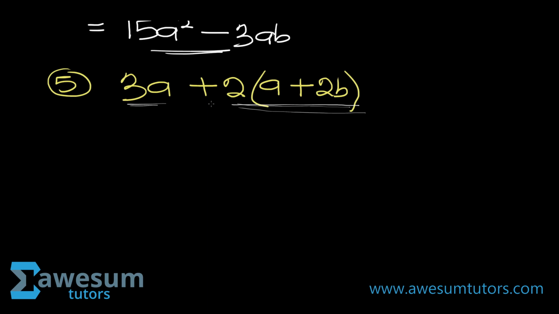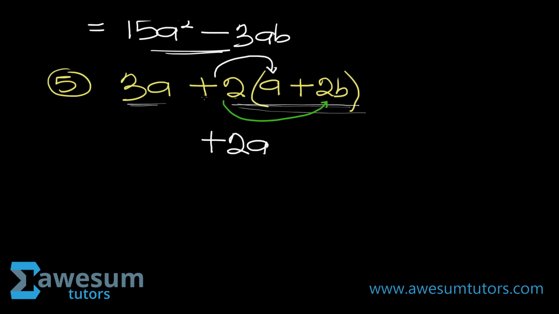How do we do that? This is plus positive 2 times a, that will be 2a. We have learned that before. What we are doing right here is multiplying this to open up the bracket, and multiplying this to open up the bracket. So positive 2 times a is positive 2a.